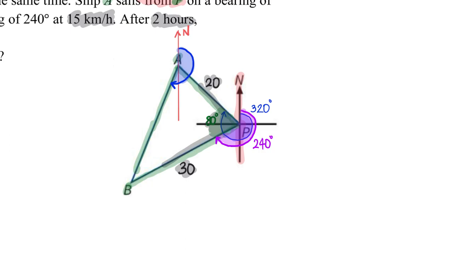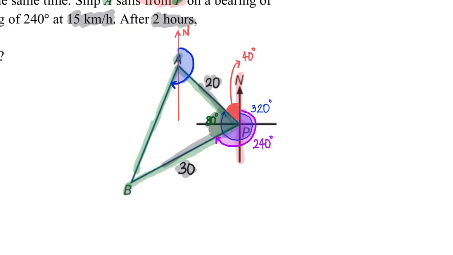For this question, there are two approaches. One would be that I have this red color angle here, which would be 40 degrees. How do I get 40 degrees?